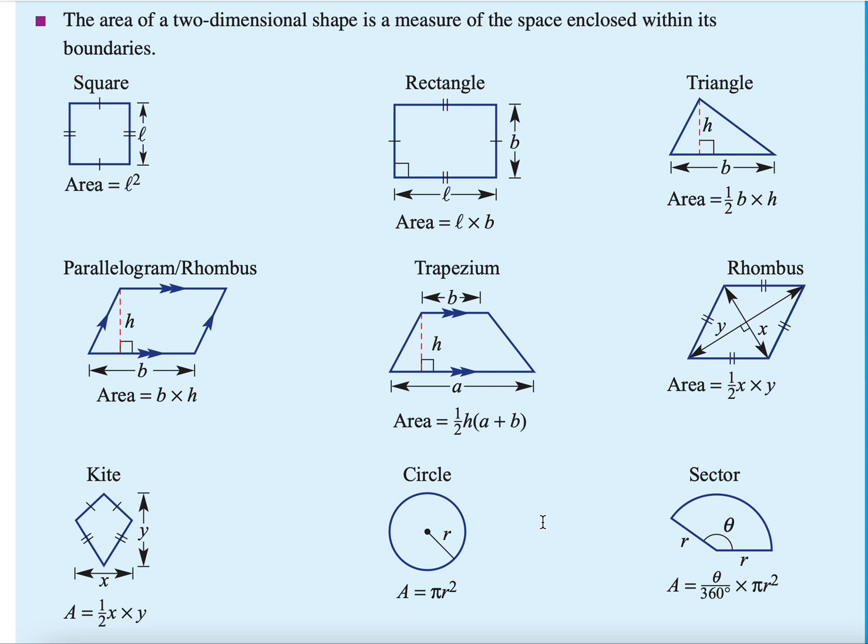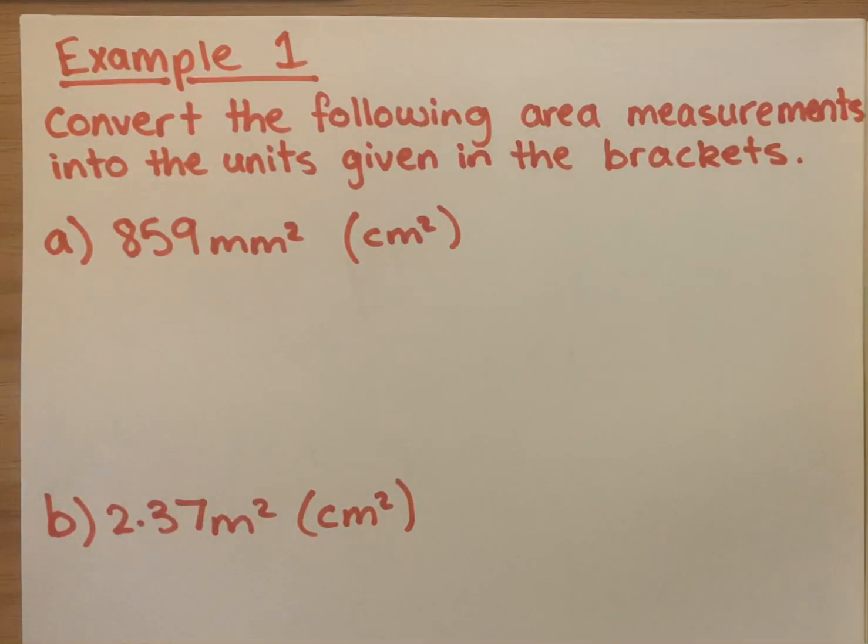So don't get confused with circumference and area of a circle. Circumference is 2 pi r, but area, as you can see, is pi r squared. Okay, so pause the video and copy all these formulas down into your book, and then we'll start with the examples.